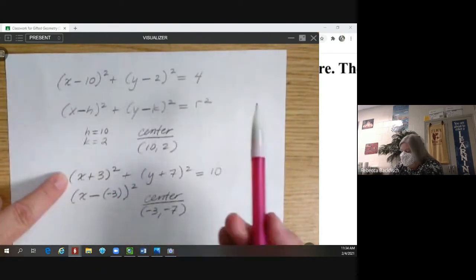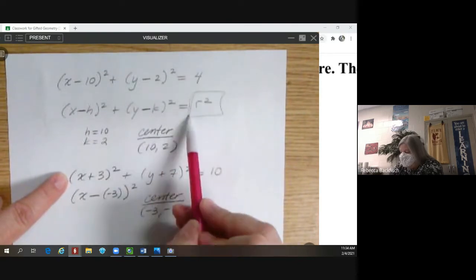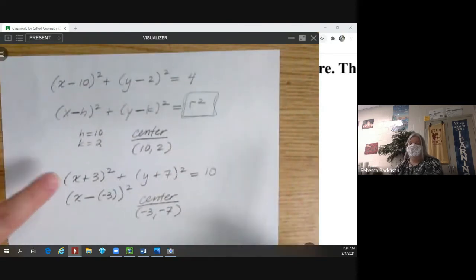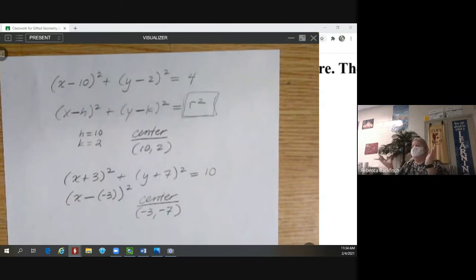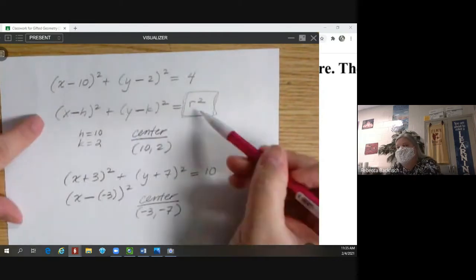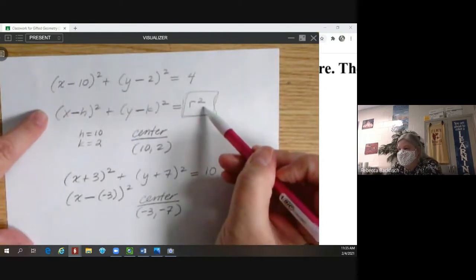The other thing is that this is not the radius, it's the radius squared. So if we're outside the equation, if we're talking about the radius in any other context, if we're looking at the graph, if I'm telling you what the radius is, it's just the radius. Radius is just the distance from the center of the circle to any point on the circle. But if we're looking at the equation, we're actually looking at the radius squared.